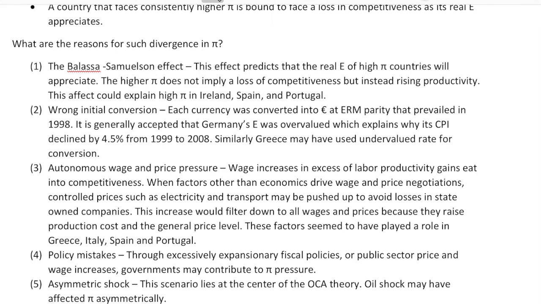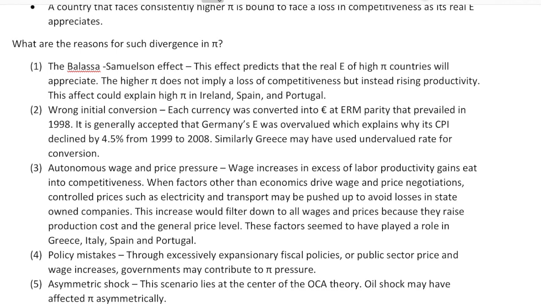However, it is generally accepted that Germany's exchange rate was overvalued, which explains why its price levels declined by 4.5% from 1999 to 2008. But on the other hand, Greece may have used an undervalued rate for conversion, so in turn their currency appreciated, or their real exchange rate appreciated. Okay, and as a result, there's a higher inflation.